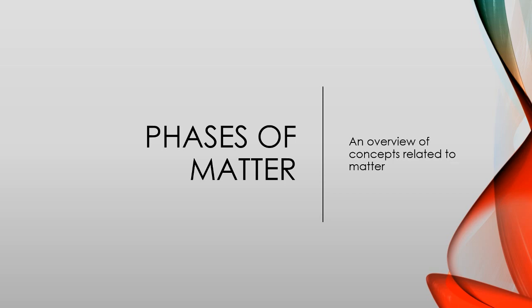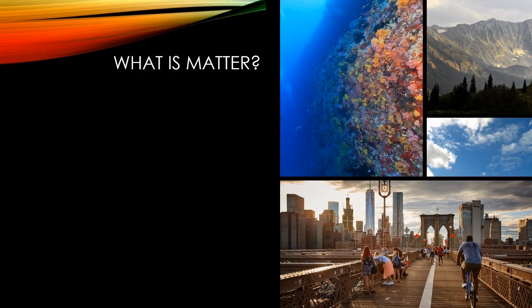I kind of expect that you're a little familiar with some of this stuff, but let's start by asking the question, what is matter? If you look at all these photos, they all are matter.